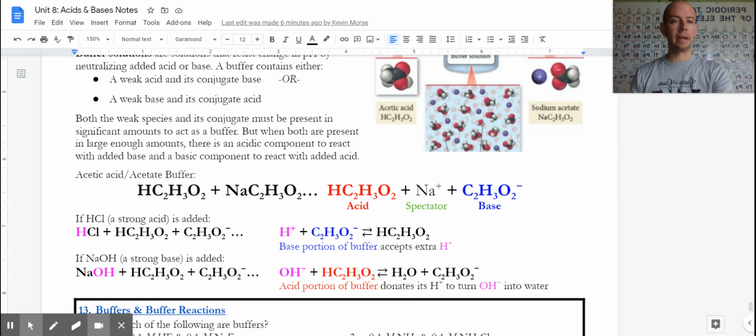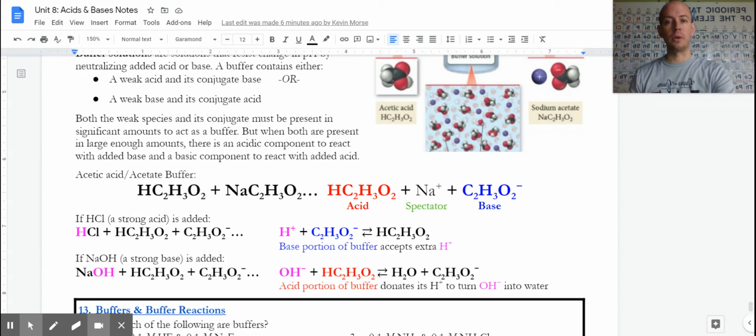We create some acetate ion, and that acetate can react with water, slightly changing the pH. But in both of these cases, the weak base turned into its conjugate acid, the weak acid into its conjugate base, neither of which ionizes to significantly change the pH.